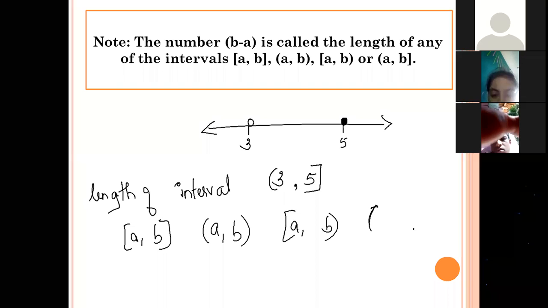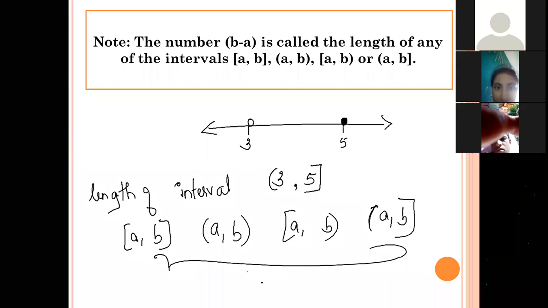If someone asks you what is the length of the interval, then what you have to write is b minus a. When you subtract the first point from the second point, the answer you get is the length of the interval. That is, how much width, how much distance, how much space is in between, that is the length of an interval.